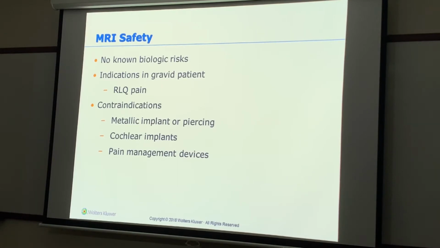Not her cochlear implant, but she's got something else in there. Or say I have a device for people that are in pain management. They have things attached to their skin or underneath their skin that puts out a constant flow of medications.